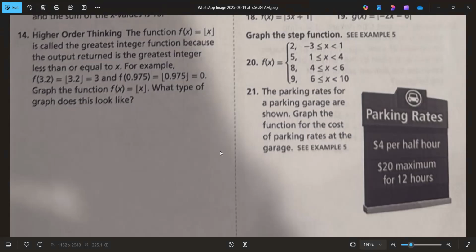I tell you, this is a special type of function, and I will explain this with a clear example. See, the greatest integer function, right? Greatest integer function is what?